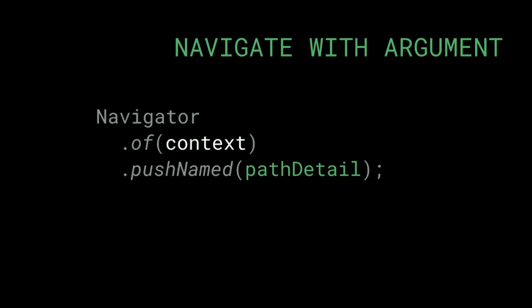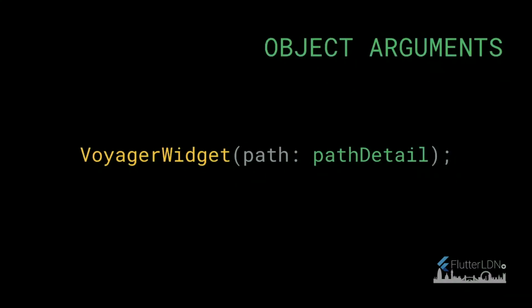Flutter 1.2, I believe, introduced the arguments API, and this is useful for cases when you have, I don't know, some kind of service or something you can't really refer to by typing a path. And this is also reflected in the Voyager API.